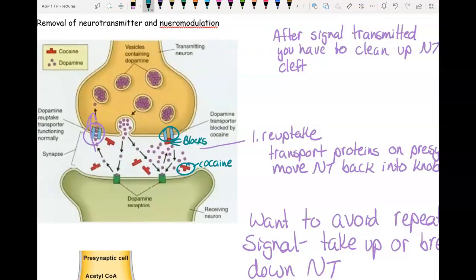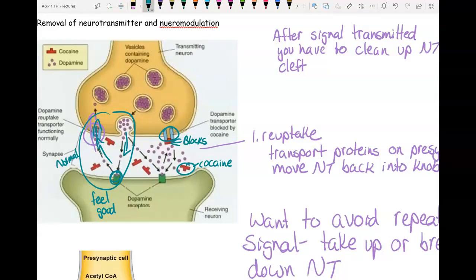So here's the normal situation. You release dopamine, it binds, then it goes back into here. So normal, the dopamine is released, it binds to the receptor, then it goes back, and you get that feel-good signal once. Dopamine transmits a signal of feeling good.